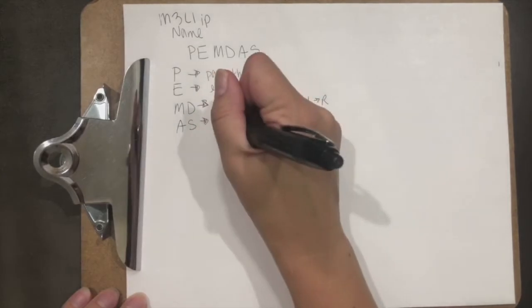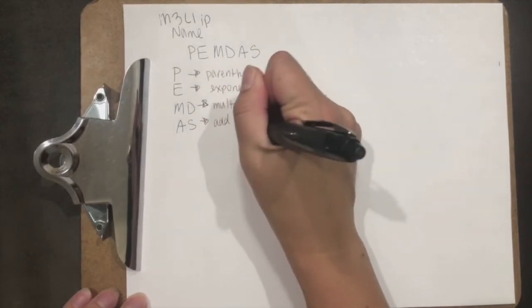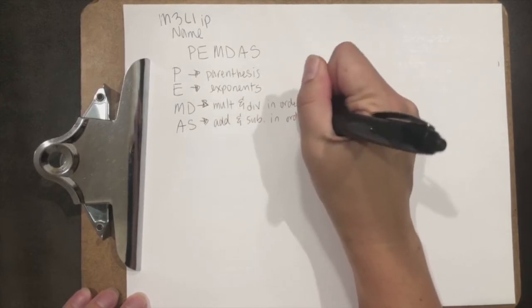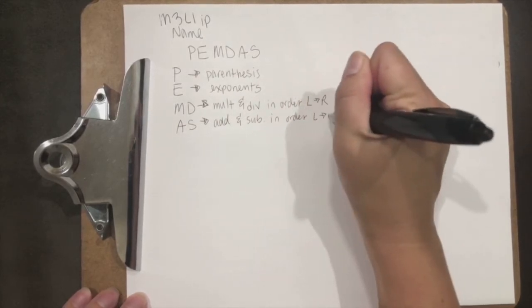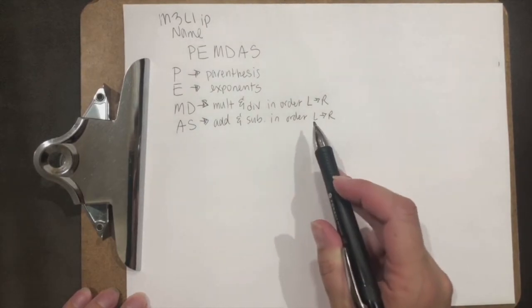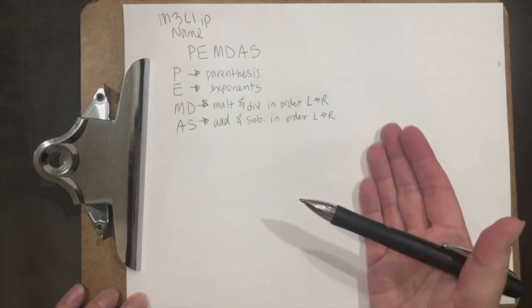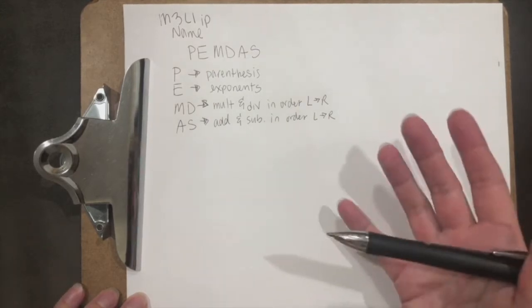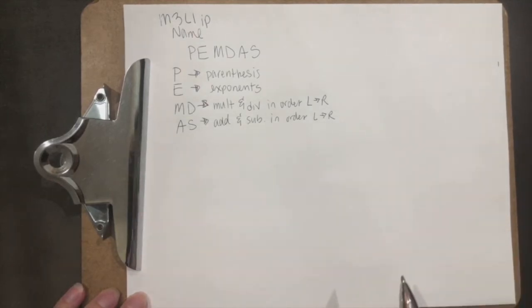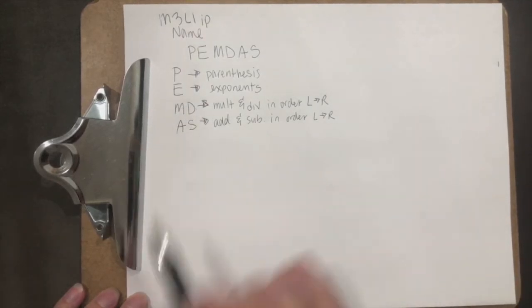Okay, and then addition and subtraction, again, in order, left to right. And that's so that we don't forget that the subtraction sign belongs to a specific term, or that the division sign goes with a specific term. When we go left to right, it helps us get these correct.